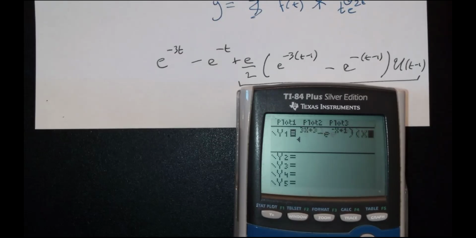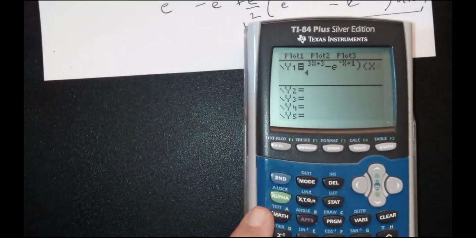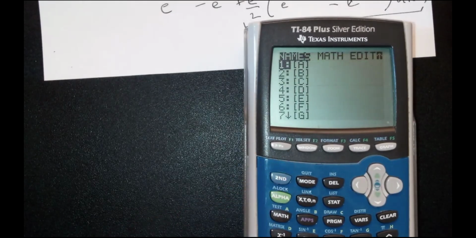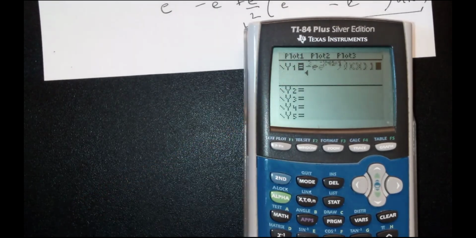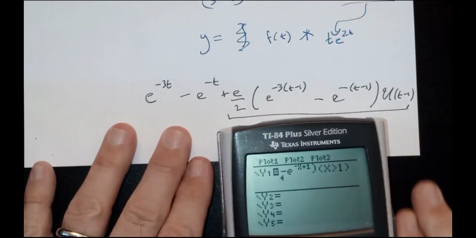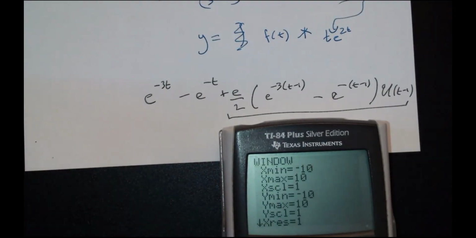Parentheses. X bigger than 1 is what I want there. Bigger than is here in my test section. Test, bigger than 1. That's my u of t minus 1 for the calculator. So this is going to turn on at 1.